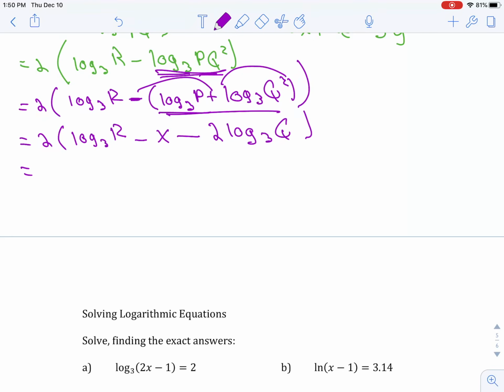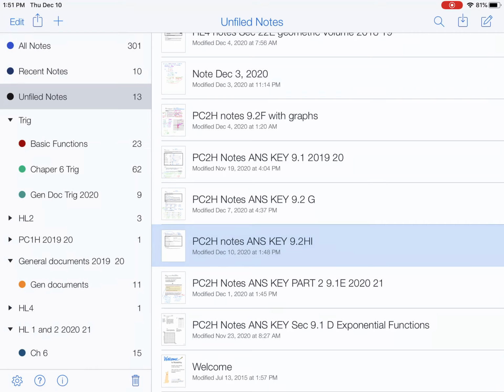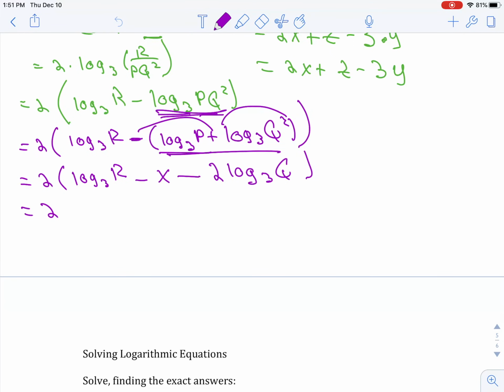So now when I sub in, log base 3 of r is z, so this becomes 2z.